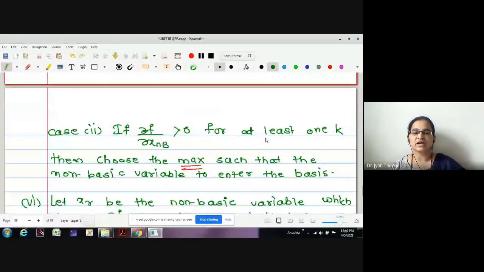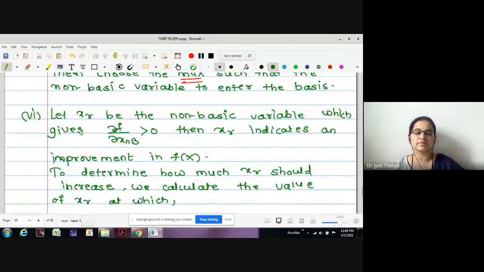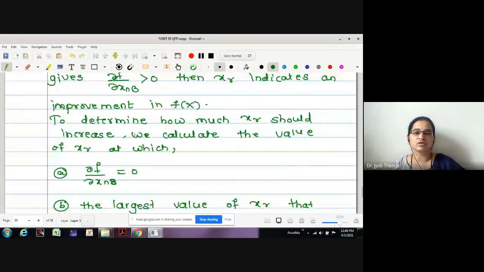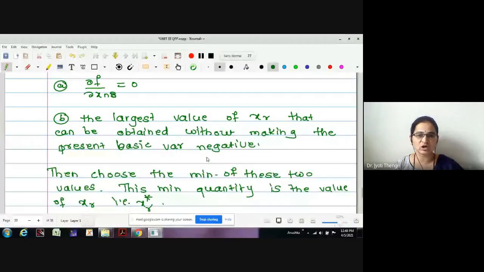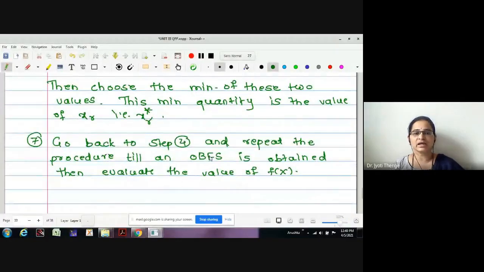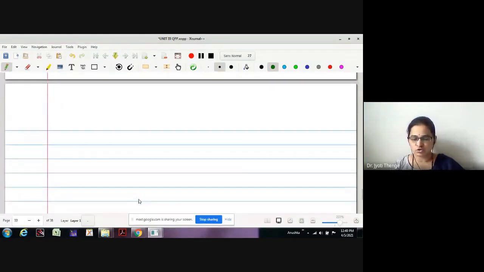If at least one value is greater than 0, choose the maximum. Then for that xr, find its value by these two aspects: first, ∂f/∂x_B equal to 0, and second, the largest value of xr that can be taken without making the present basic variable negative. Select the minimum of these two, and repeat from step 4 until the solution is obtained.